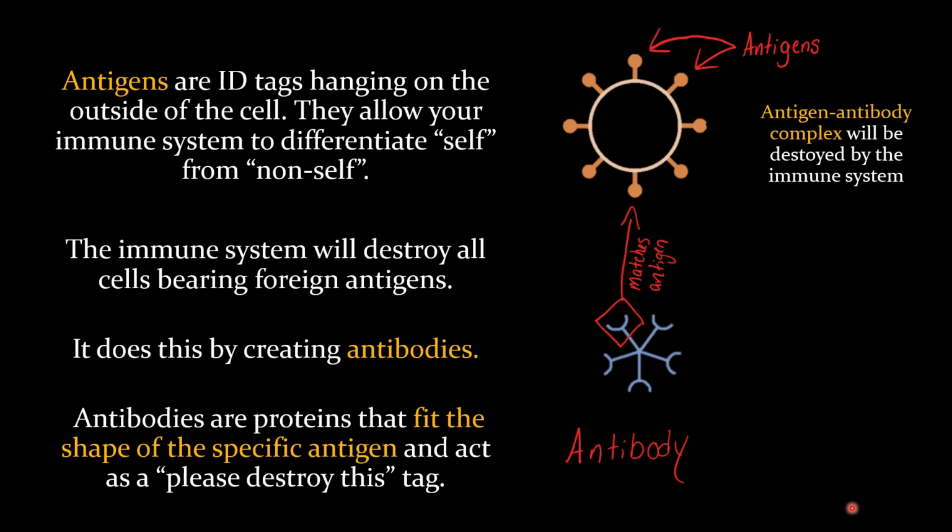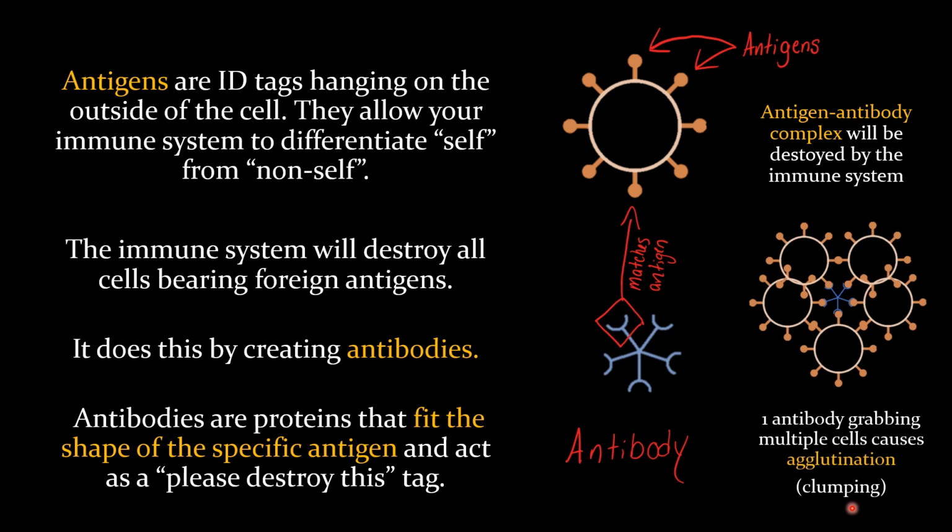The fact that it can bind to multiple antigens causes what to occur? So the fact that this one antibody can grab multiple cells is going to cause agglutination. So not only is the antigen-antibody complex acting as kind of a beacon that's attracting other immune system cells, but it is also sort of gathering all of the foreign antigens up into one place, like putting all your garbage in one basket.